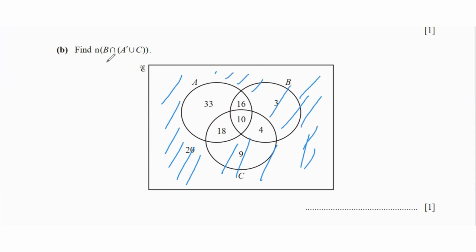And that has to be in intersection with B. So B is going to be this, this, and this. 10 plus 4 plus 3, which is equal to 17. So 17 is the number of values which are a part of A complement union C intersection B.